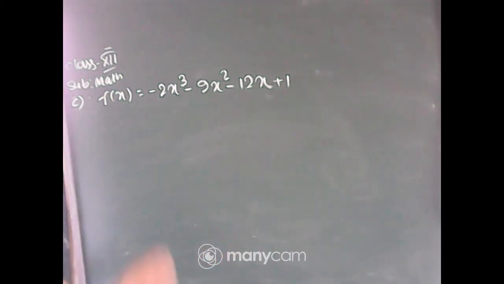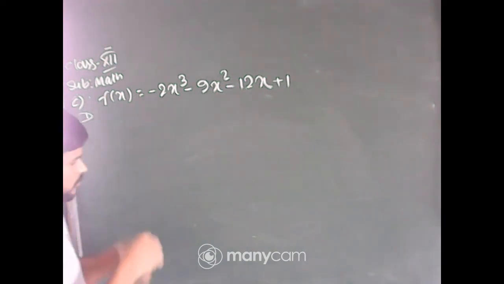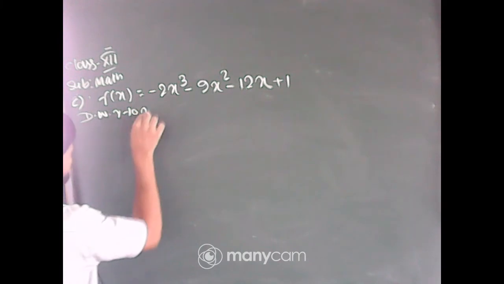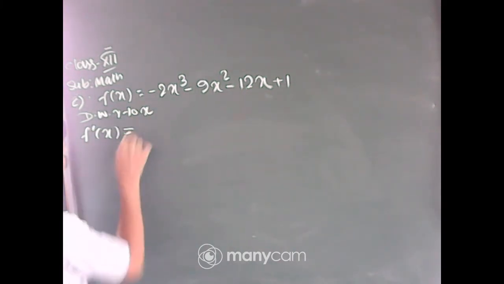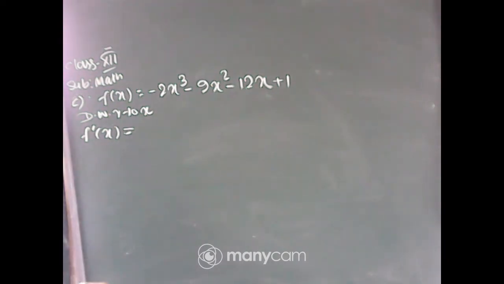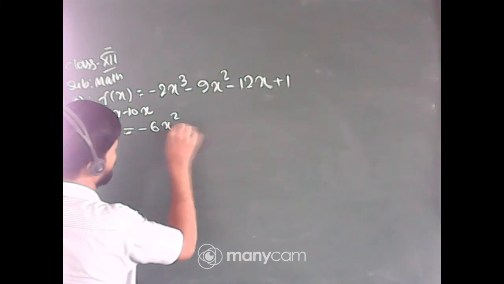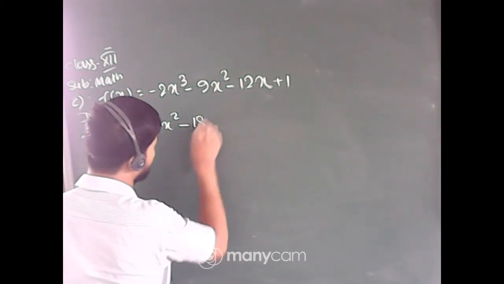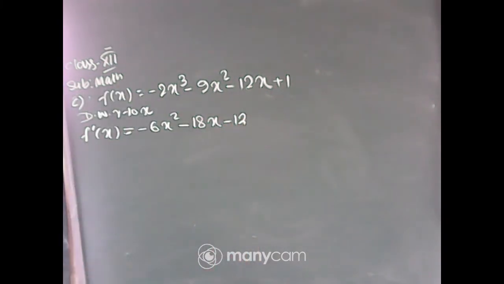Okay, so find the derivative of the function. So differentiate it with respect to x. We have f dash x is equal to, now derivative of minus 2x cube is minus 6x square, minus derivative of 9x square, it's 18x, minus 12, and derivative of 1 is 0.